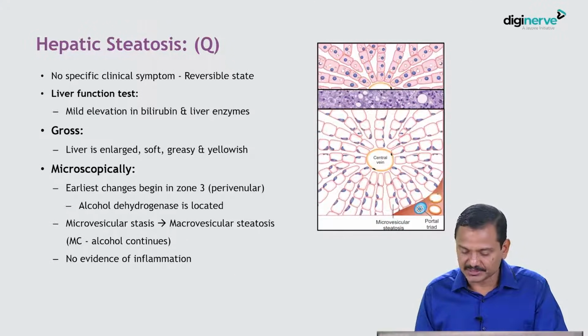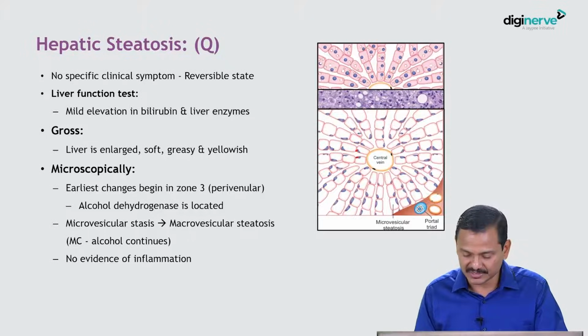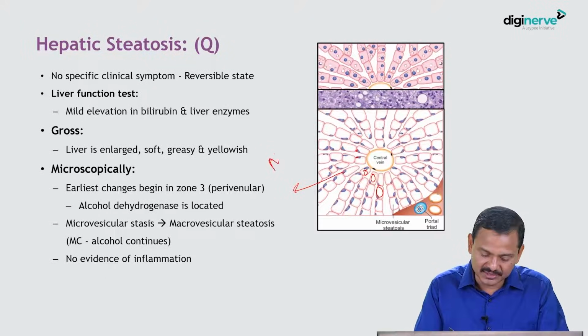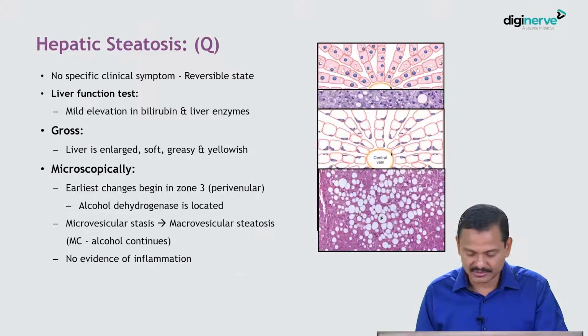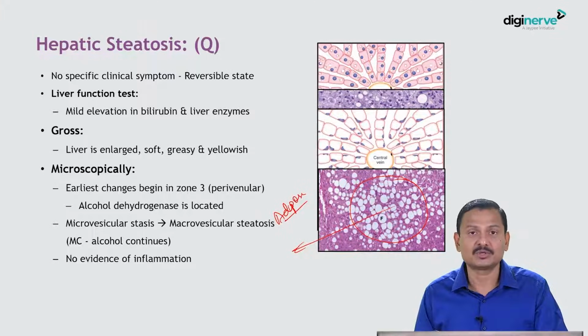If you see this picture, the nucleus in all the hepatocytes is pushed to one side because the fat globules coalesce and form big vesicles, and that is called macrovesicular steatosis. And if you see the real picture, you can make out that it looks like adipose tissue. Okay, the liver biopsy simulates adipose tissue because there is a lot of fatty change.